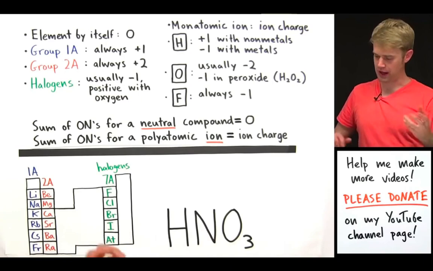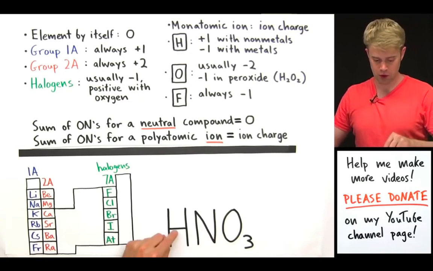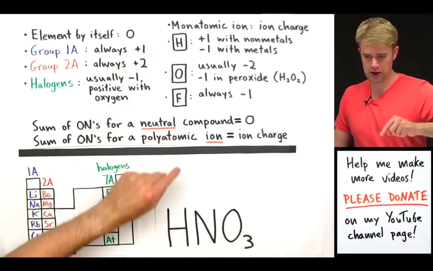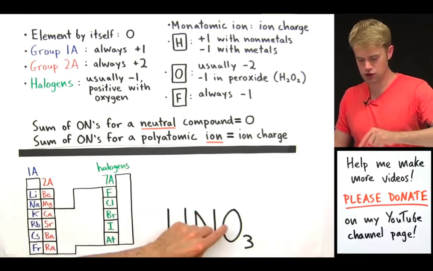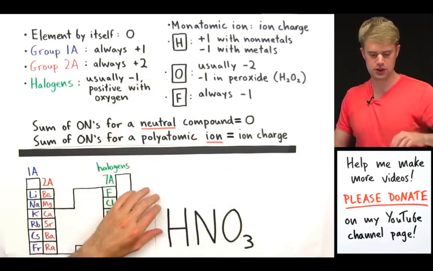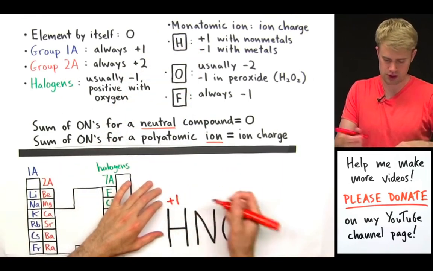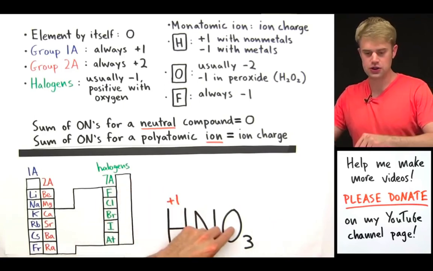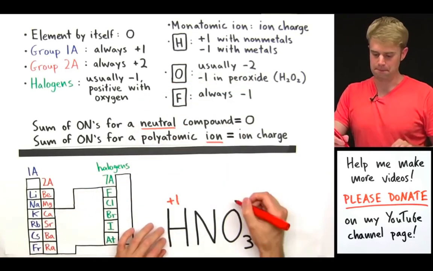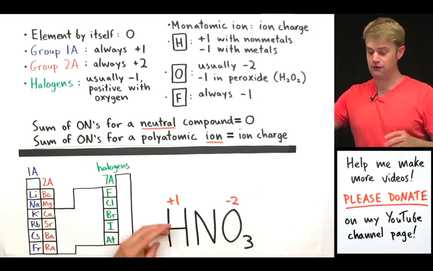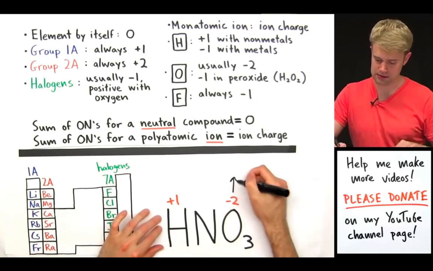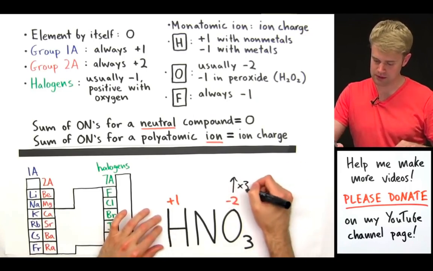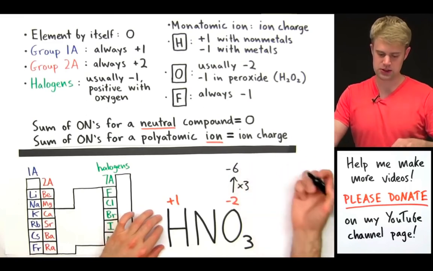HNO3. Okay, let's take a look at the rules. Hydrogen here is combined with nonmetals, nitrogen and oxygen, so that means that its oxidation number is going to be +1. Oxygen over here is going to be -2, but we have 3 oxygens, so we take -2 times 3 to get -6.